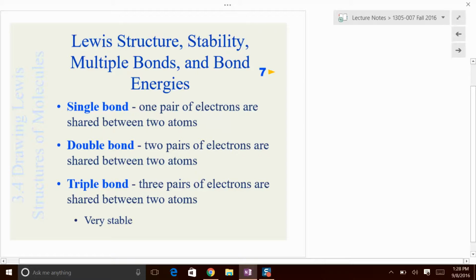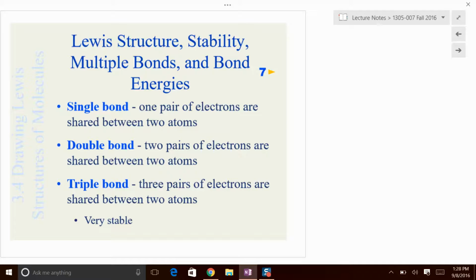Now, these bonds, okay, when we talk about how strong they are, if you have a single bond versus a double bond versus a triple bond, as you increase the bond number, you're increasing the stability, the strength of the bond. So a triple bond would require more energy to break it than would a single bond. Okay?